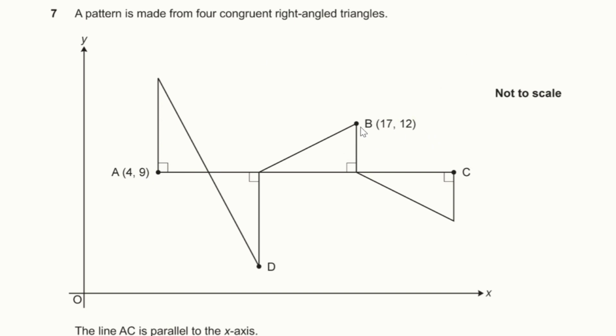So between here, we've got 3. 9 plus 3 gives the 12. And so this side here is 3 of our triangle, which means here to here, we've got 3. And here to here, we also have 3.